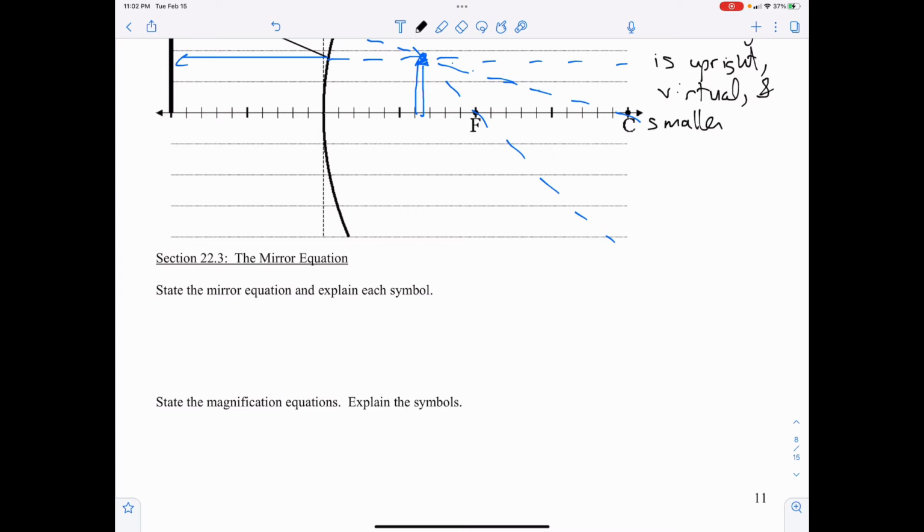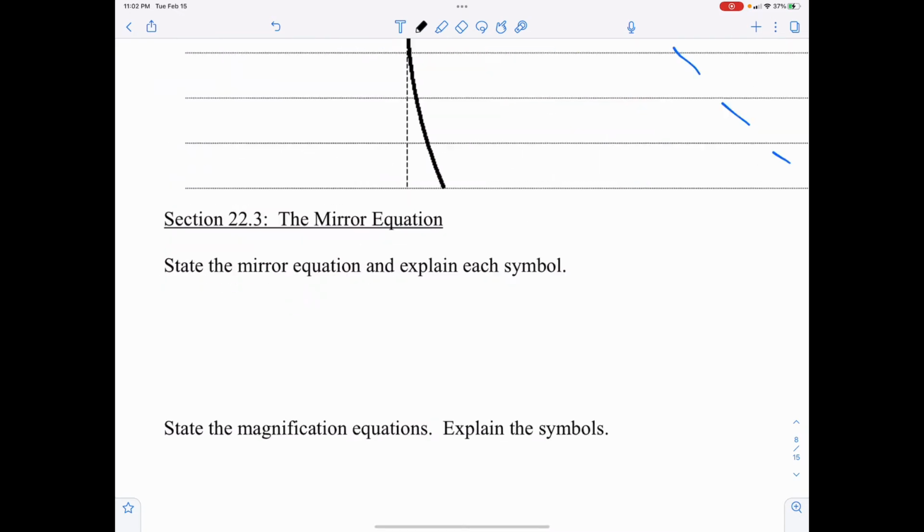Section 22.3, the mirror equation. State the mirror equation and explain each symbol.